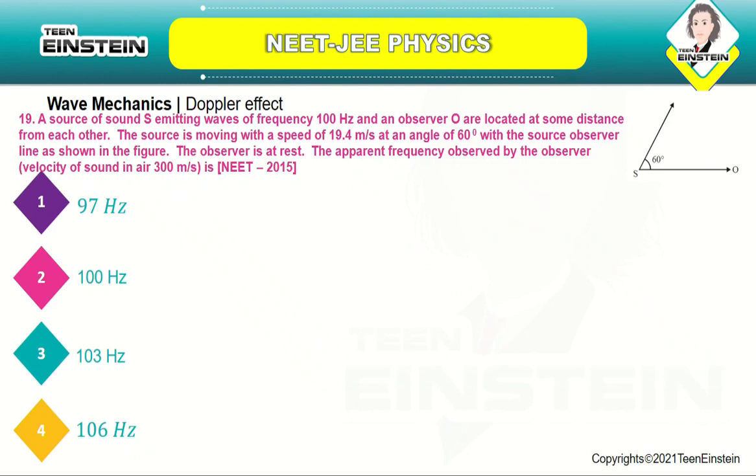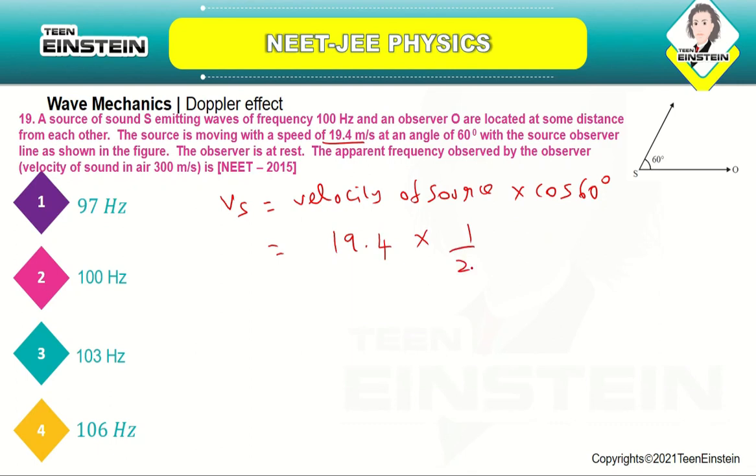So here, as the source is moving at an angle of 60 degrees with respect to the observer, in this case vs is equal to the velocity of the source into cos 60 degree. Okay, so this will become 19.4, that's the speed they have given, into cos 60, which is 1 by 2. Now you want to find the apparent frequency.